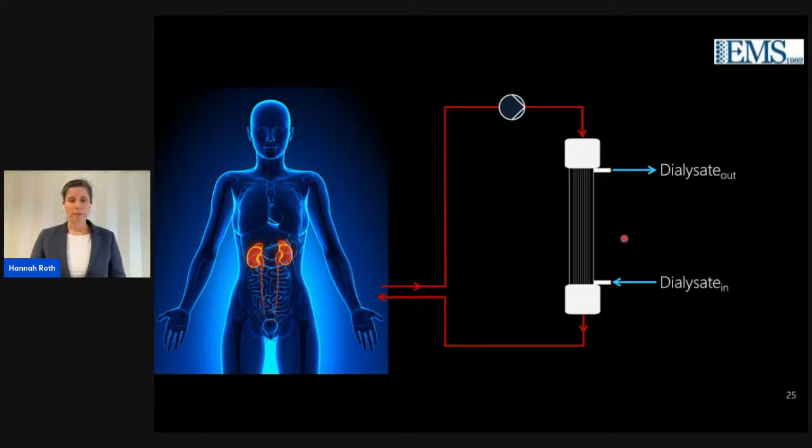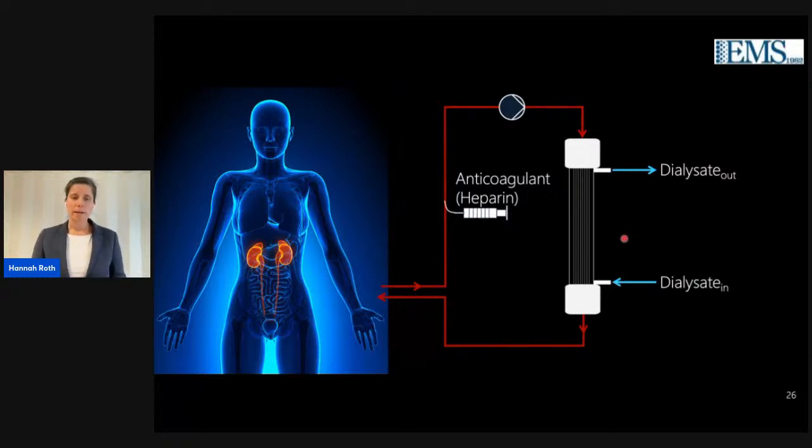However, when you look at this now, there's one piece missing, because if you just take the blood of a patient outside of the body and bring it into contact with artificial surfaces, we have blood clotting occurring and thrombosis happening. So what is done is that these patients get heparin, an anticoagulant, injected.